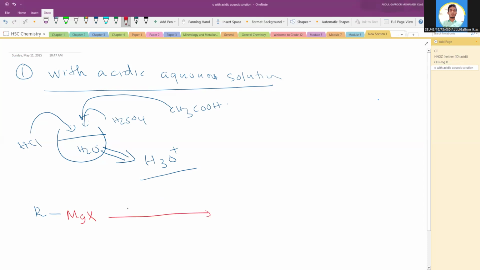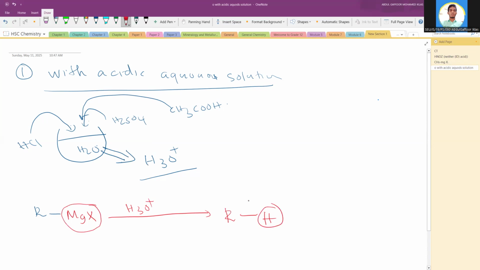If you put this H3O plus, the acidic aqueous solution, hydrogen will be placed in the position of MgX. So we produce RH. Can you understand what has happened? With H3O plus, instead of MgX, we put H. That's all.